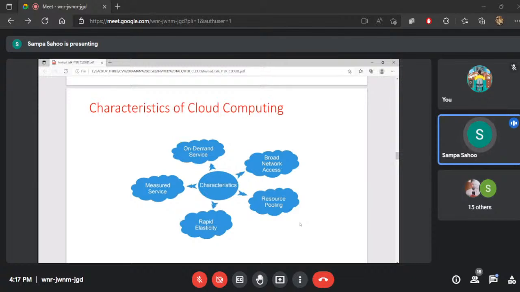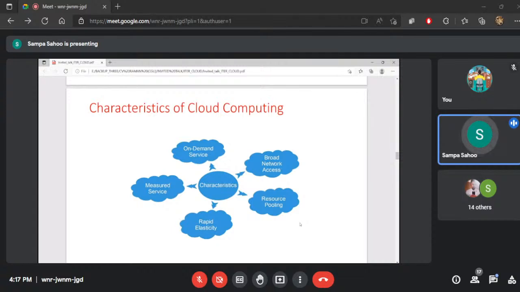The next is resource pooling. Resource pooling means all the computing resources or the cloud resources, like your computing servers, network servers, database servers, are all present at a single place, and many companies use these resources simultaneously.